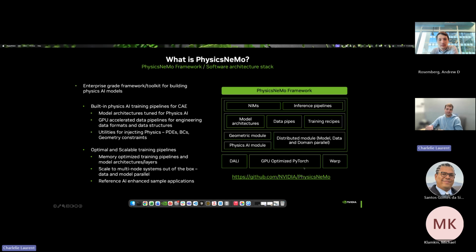It's actually something that sits on top of PyTorch. And there are some other components that are not PyTorch. This is the lower level stack, and a big bunch of it is actually PyTorch. We use PyTorch to define models. One big component of PhysicsNeMo is the model architectures, what we call the model zoo.